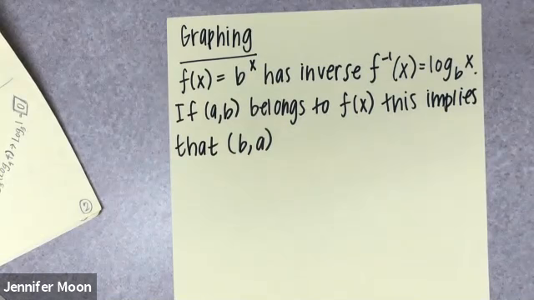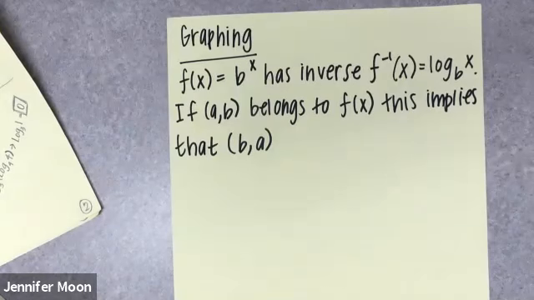So whatever I graph right here for my f of x, all of these points, if I flip the coordinates, I've now graphed its inverse, right? So doing this is them being one-to-one. And there's a line of symmetry, y equals x, that goes through the origin.